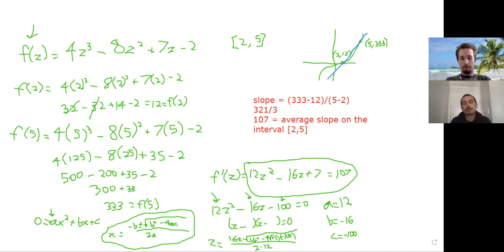To save time, I'm not going to calculate this all out. The answer we get from plugging that all in is 2 plus or minus, I'm going to put this, let's see.